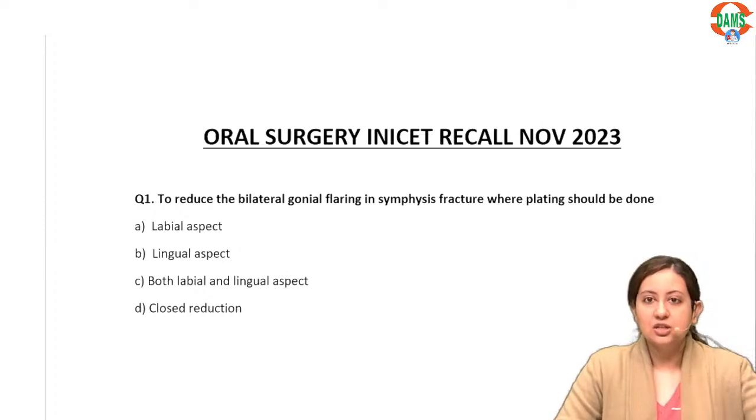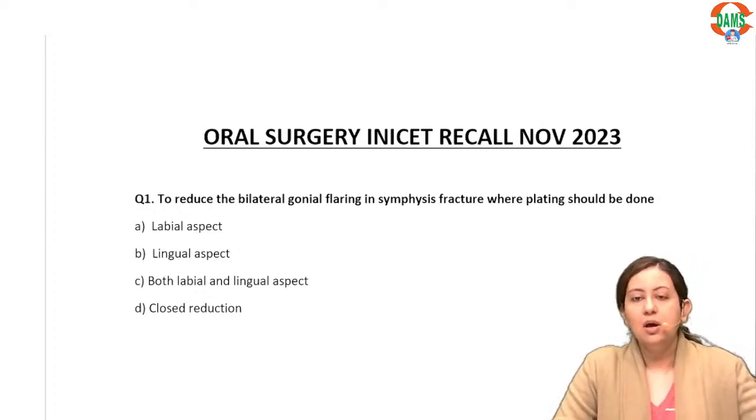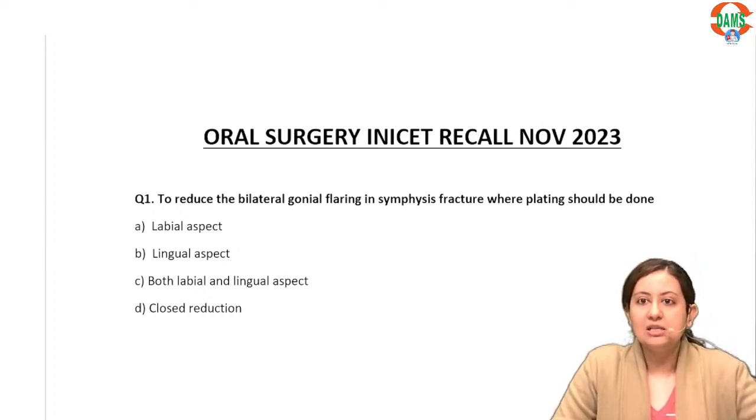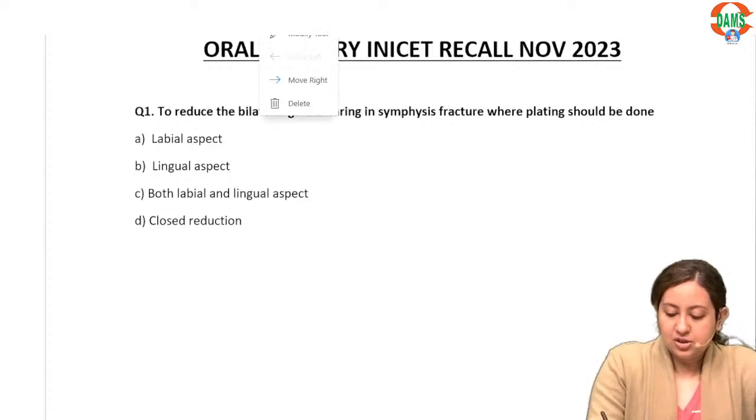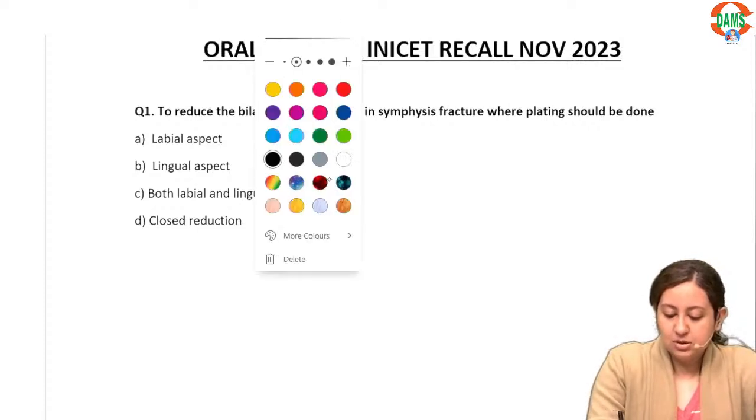The first question is: to reduce the bilateral gonial flaring in symphysis fracture, where should plating be done? So before we look at this question, let's try and understand what the question is trying to ask us.